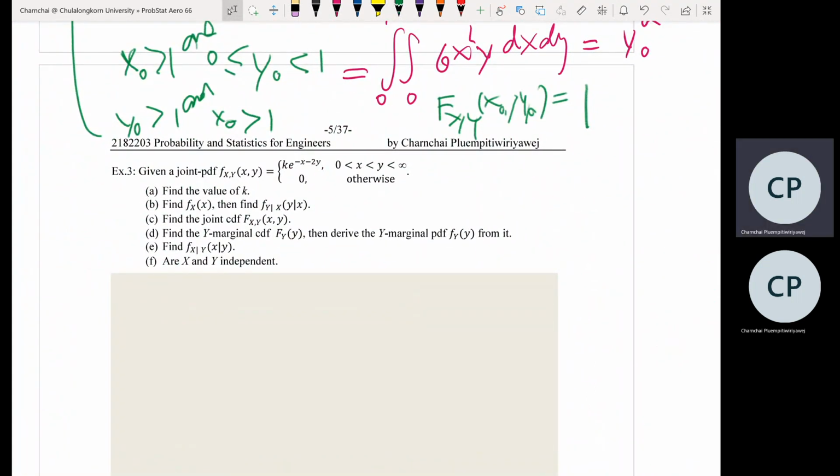Next example. First we find K. How do you find K?